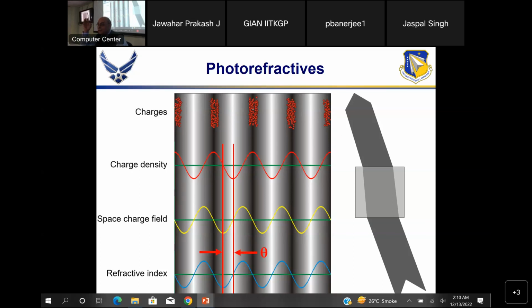Why? Because if I shine an image, some picture, into that material, I take a transparency and shine light through the transparency into the material. The optical field from the transparency can be resolved into its angular plane wave spectrum. Those plane waves travel at different angles.